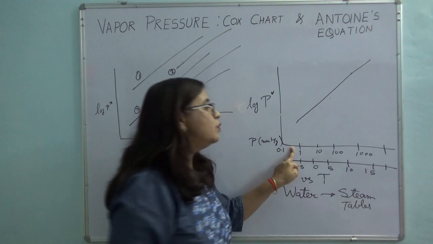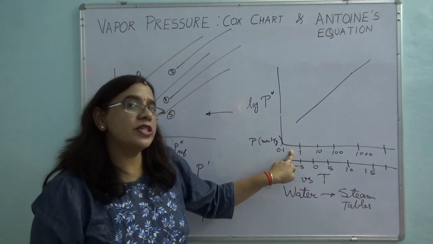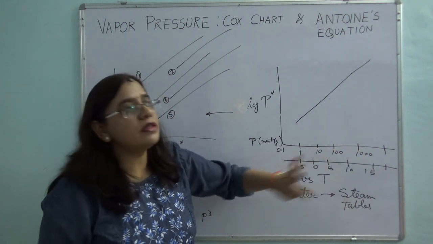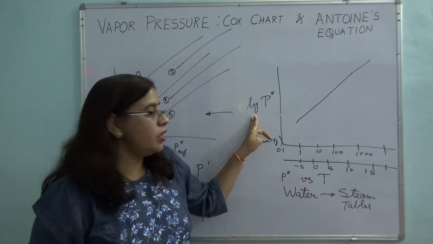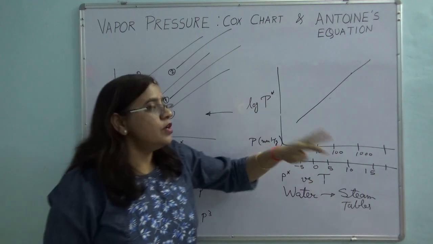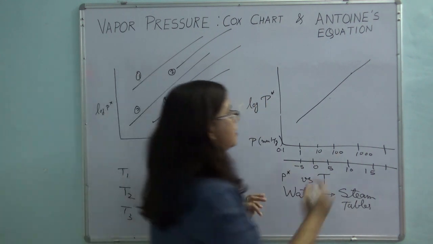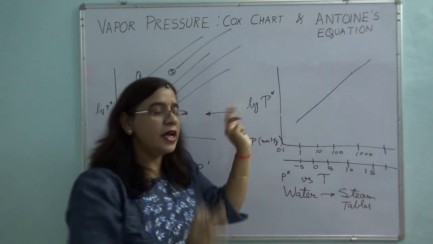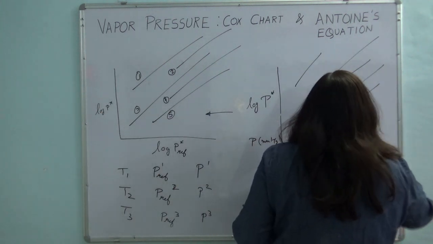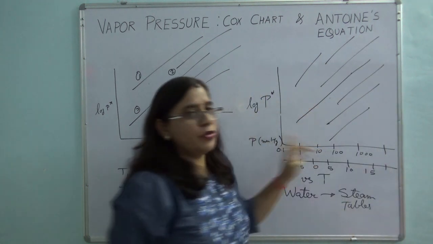So I have now converted this vapor pressure scale of water to a temperature scale. Now things are very easy. I have a plot of temperature versus log P star. This is your Cox chart, and on the Cox chart I have different straight lines for different components.